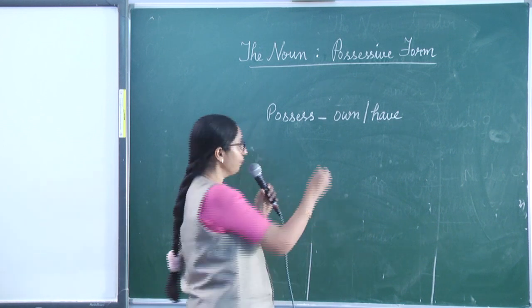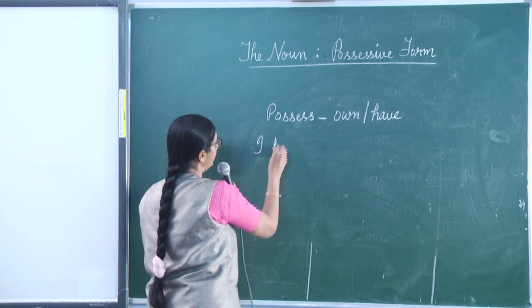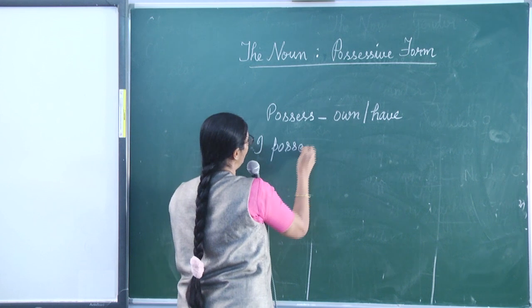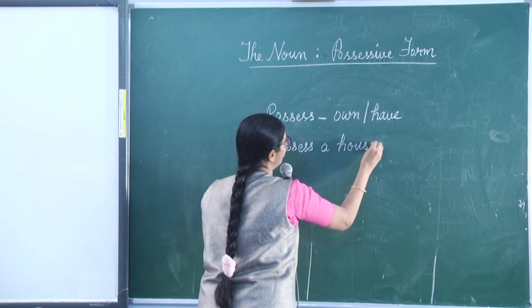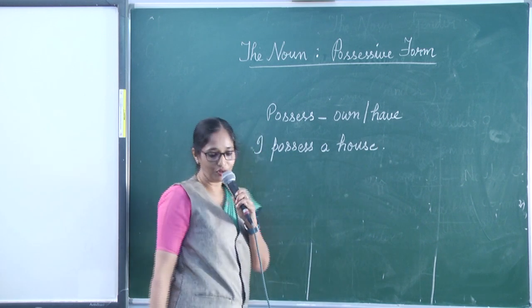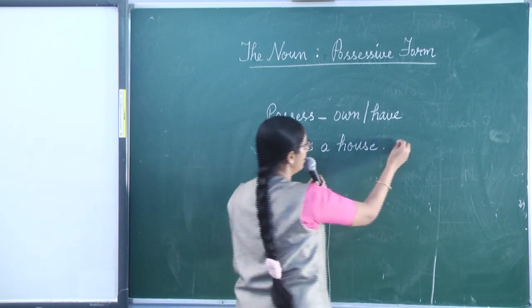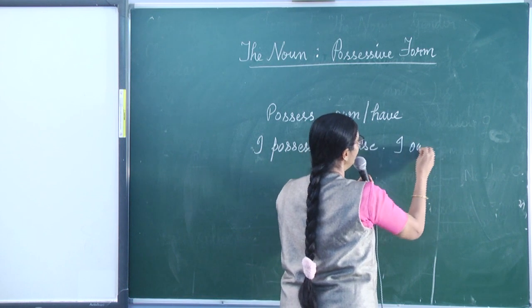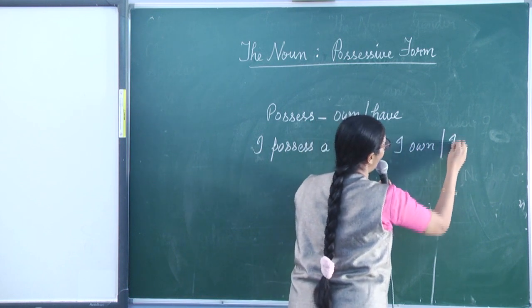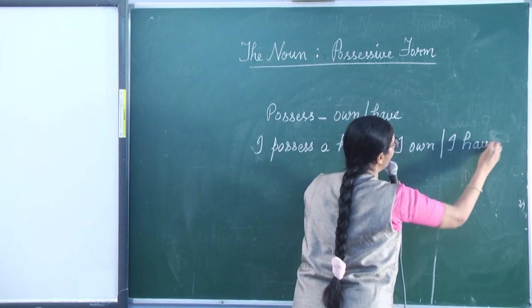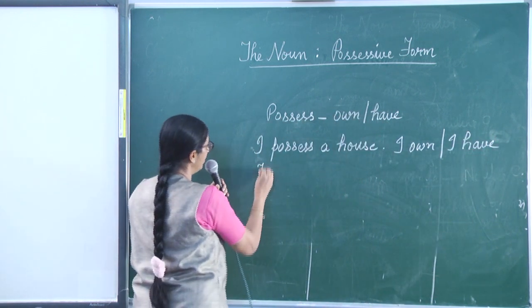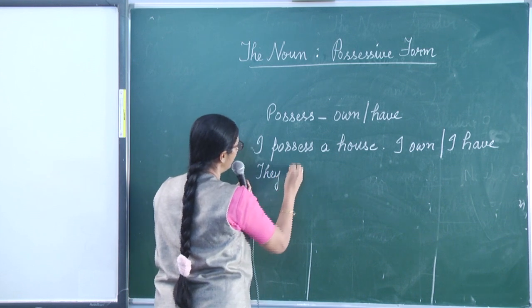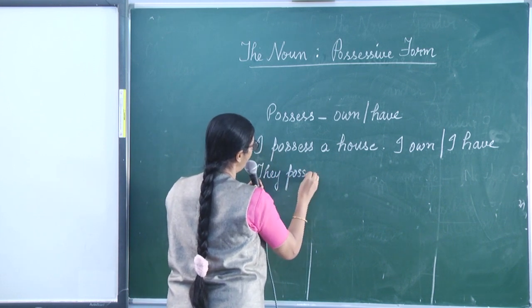For example, I possess a house. This means I own a house or I have a house. Another example, they possess a shop.